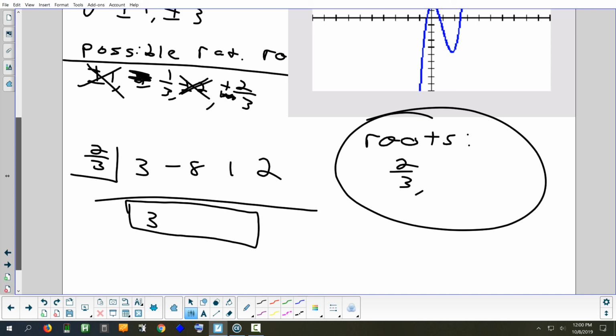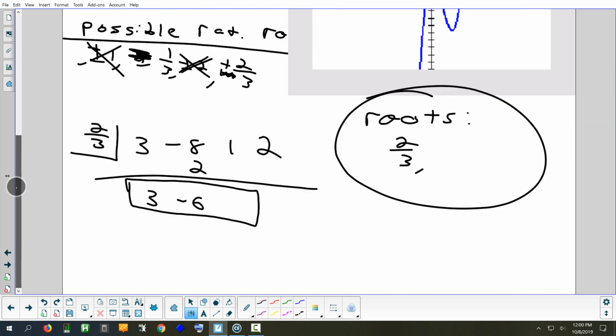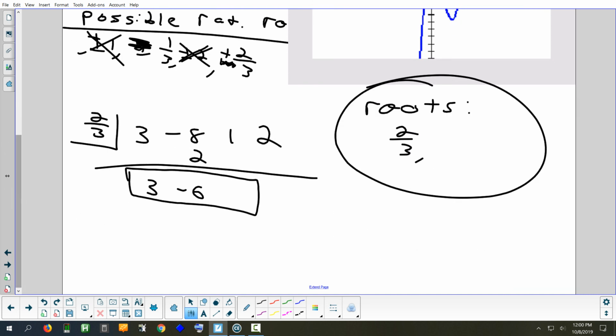What's 2/3 times 3? 2. -8 plus 2? -6. This is like 2 times -6. What's -12 divided by 3? -4. 1 minus 4? -3 times 2/3. And we already knew that.